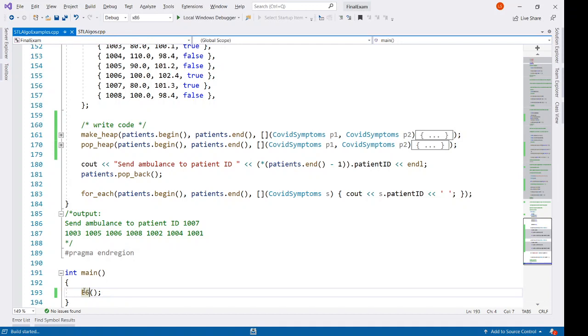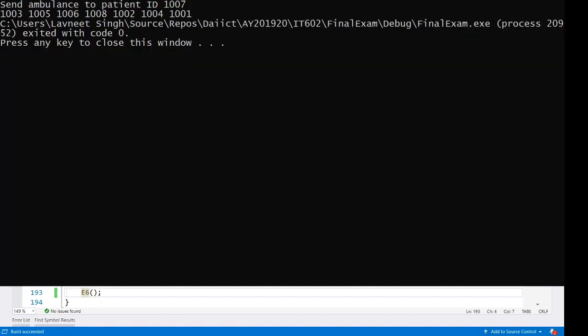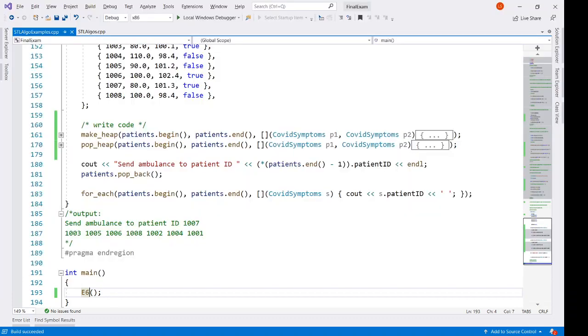If we check this, it should give us the same output because we have used make heap to implement the priority queue. Now if we see, the ambulance should be sent to fetch the patient with ID 1007, and the next one, it is implementation dependent, but it looks like the first element will be the next one too. So 1003, right? So this is how we implement it.